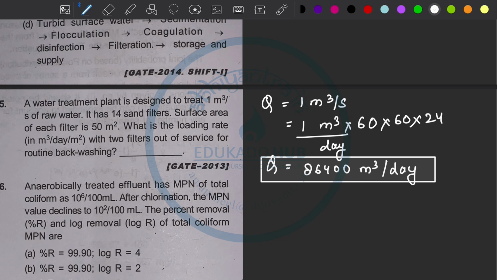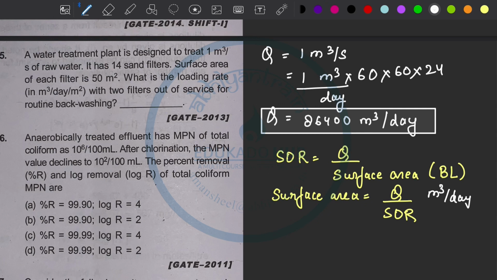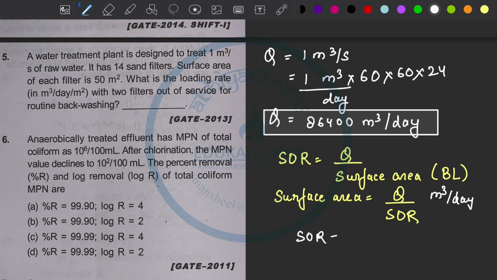Now we know what surface overflow rate is. We read just now, surface overflow rate is nothing but discharge upon surface area, which was B into L. Discharge is in meter cube per day, and surface area is in meter square, so we can say meter cube per day per meter square.